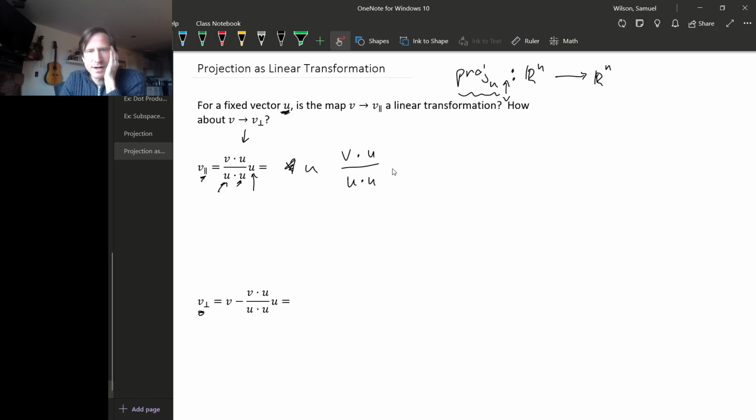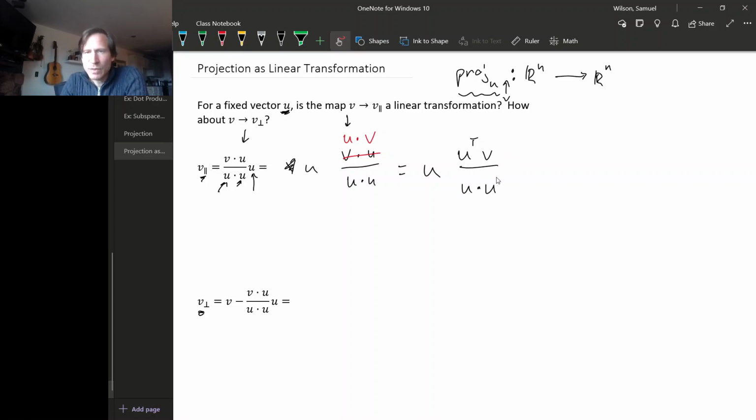And v dot u, we can write as u dot v, right? The dot product is commutative, so I can write it the other way if I want. And remember, one nice way of writing the dot product is that it's the first vector transposed times the second vector. So this is u transpose v, over u dot u.